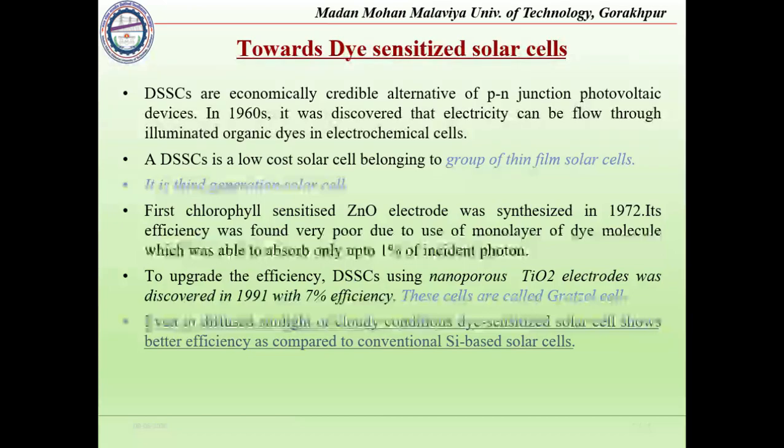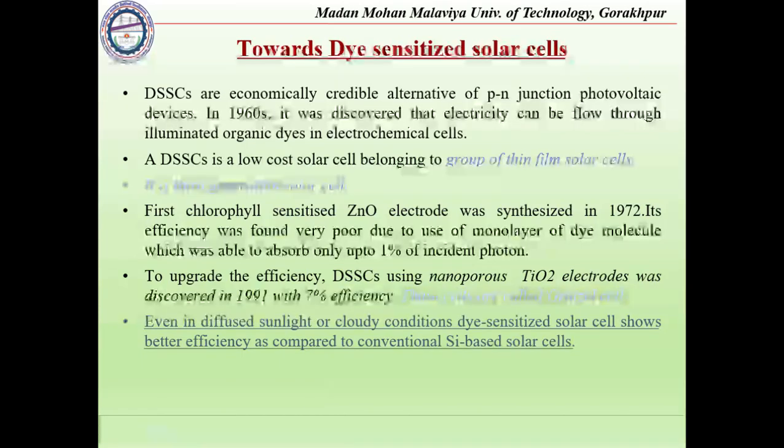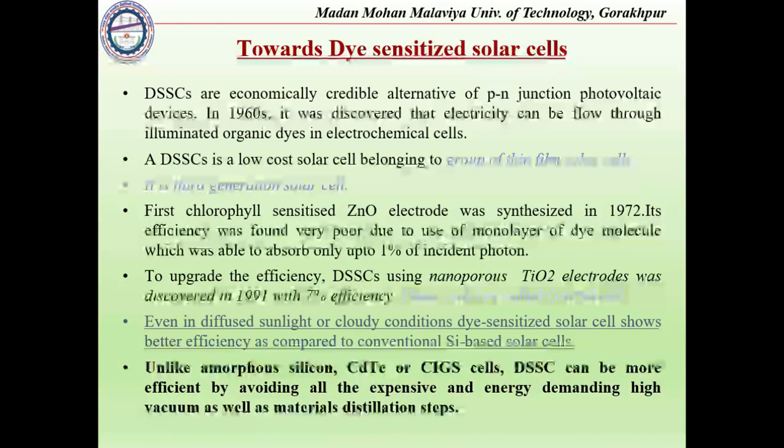The basic advantage, the basic motivation towards the dye-sensitized solar cell, is that this solar cell can be used even in diffuse sunlight or in cloudy conditions. This solar cell performs well even in low light conditions. And there are many types of solar cell: cadmium telluride, CIGS solar cell, perovskite solar cell. Perovskite is of course the next generation of the dye-sensitized solar cell.